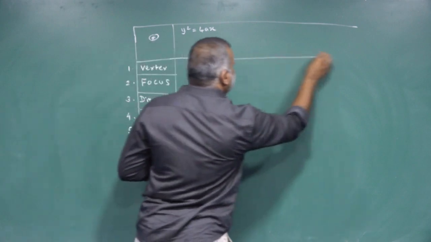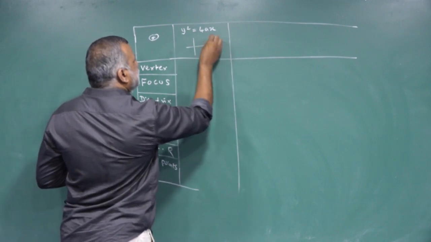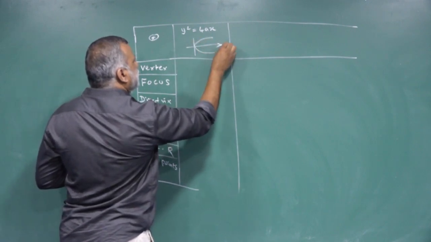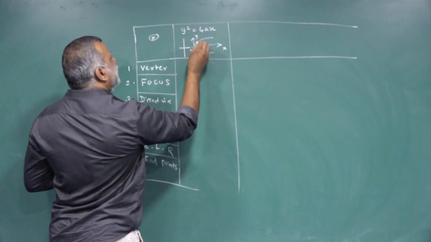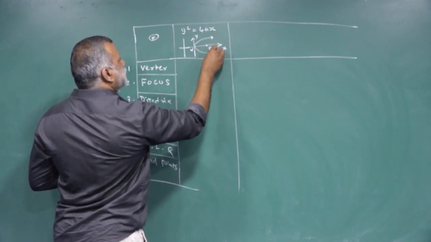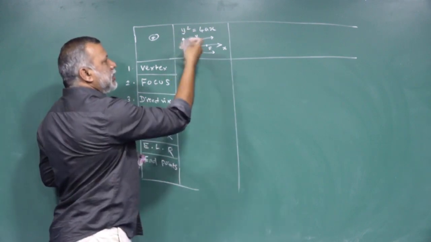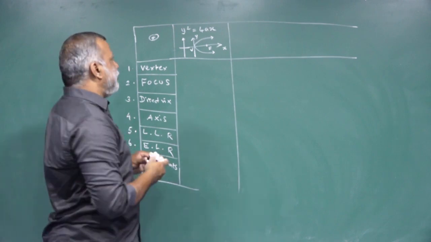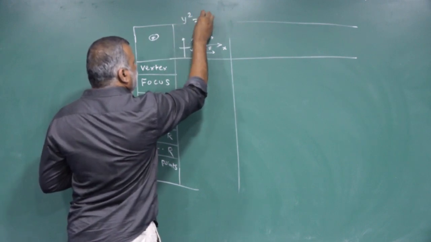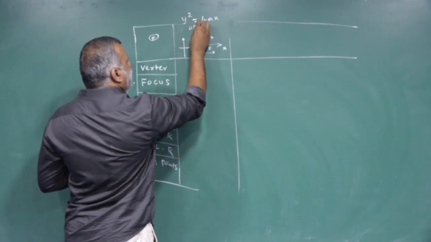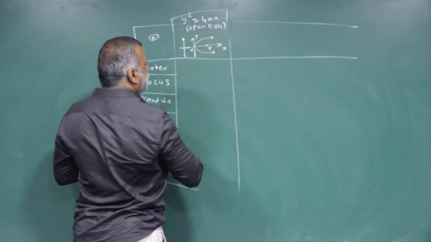Type number 1, y squared equal to 4ax, is open right.